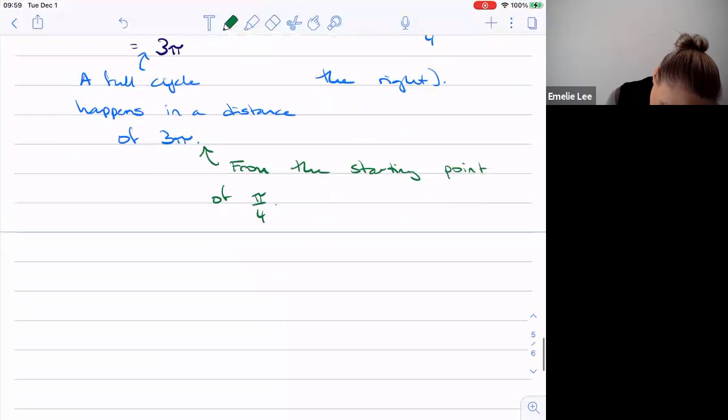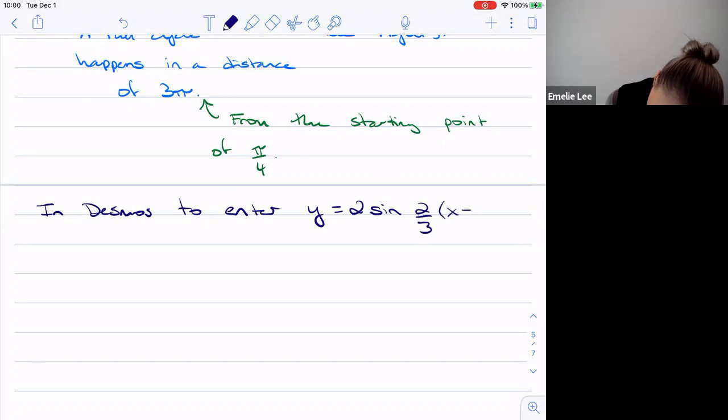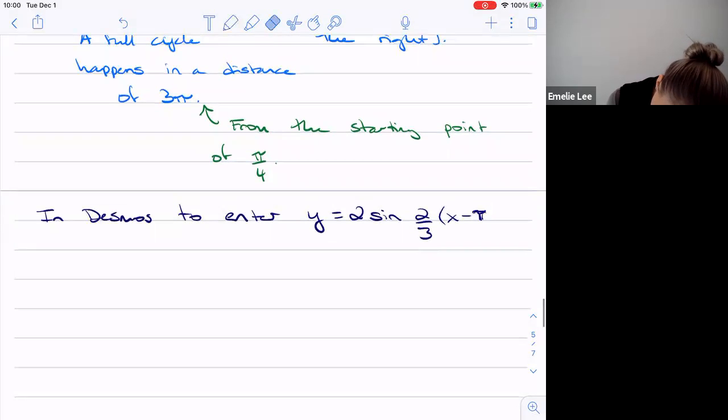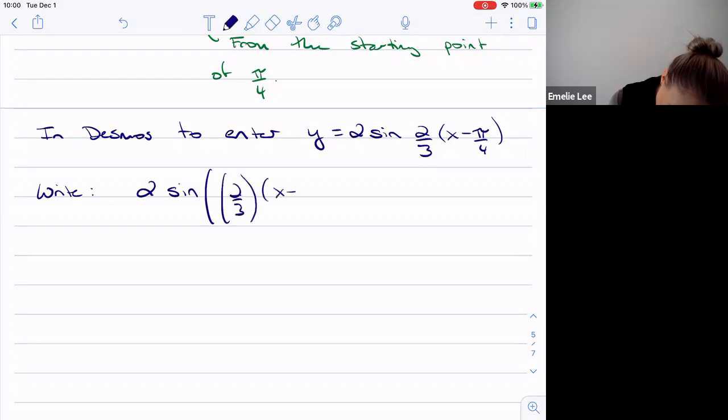In Desmos, to enter y equals 2 sine 2 over 3x minus pi over 4, you enter 2 sine bracket 2 over 3 bracket x minus pi over 4 bracket bracket.